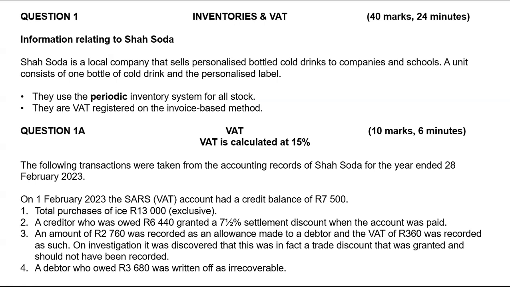Right. Let me continue. And then it says, on investigation, it was discovered that this was in fact a trade discount that was granted and should not have been recorded. Did you get that?